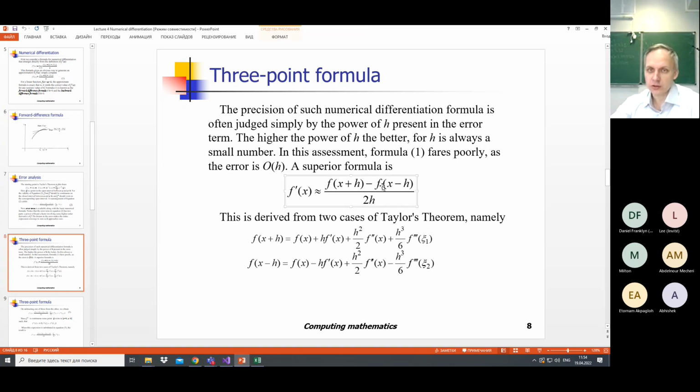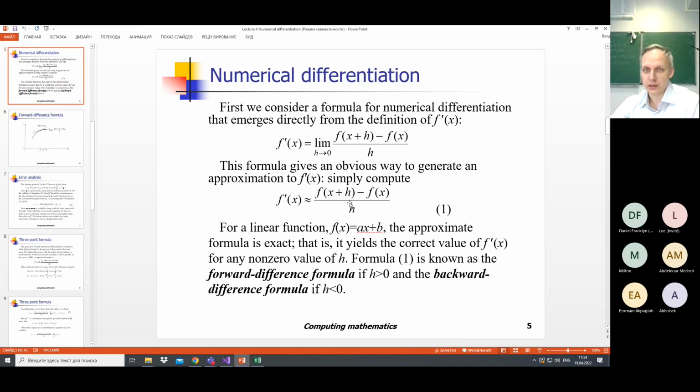And here you may see a more precise, superior formula for computing the value of the derivative. To find the value of the derivative at the point x, we can take f of x plus h minus f of x minus h over 2h. Let's compare it with the first one.